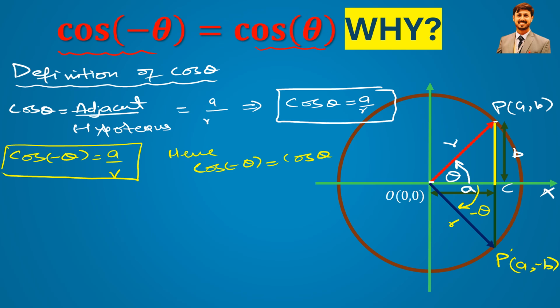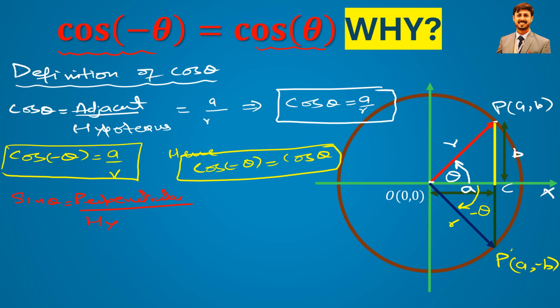Using the same concept, we can derive the results for sine, tangent, secant, cosecant and cot, so for all the trigonometric functions. Let me use this concept for sine theta. The definition of sine theta is perpendicular, or opposite, divided by hypotenuse.